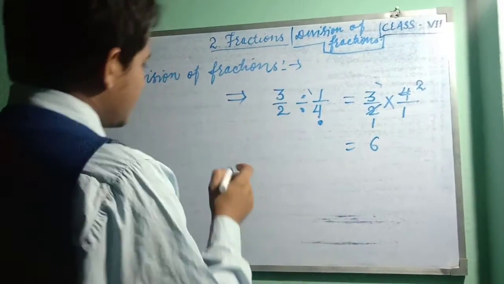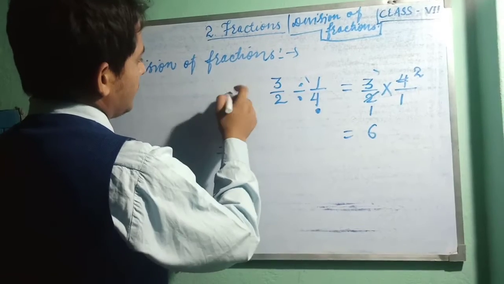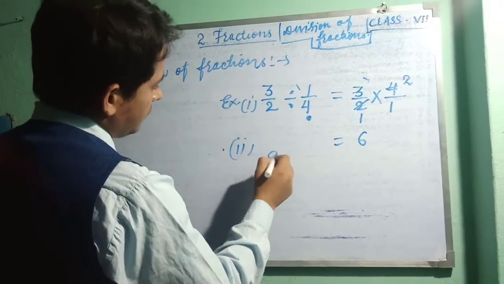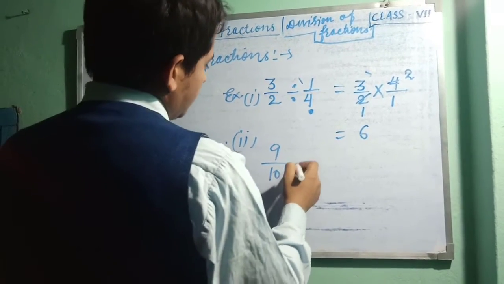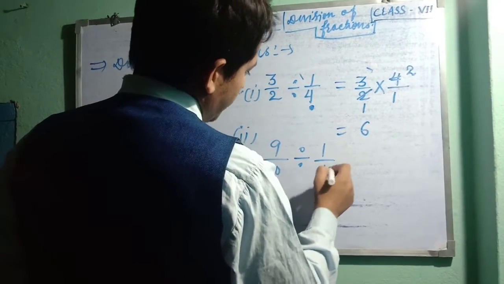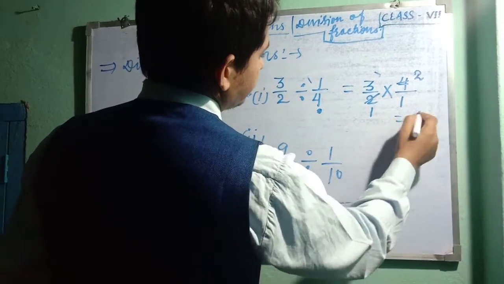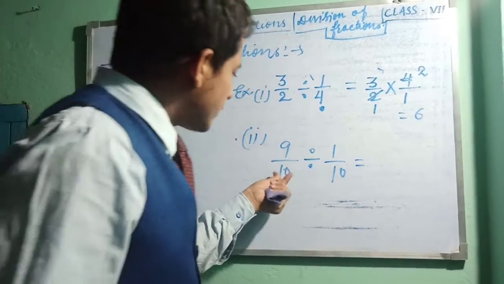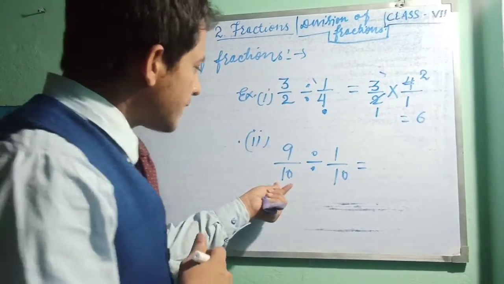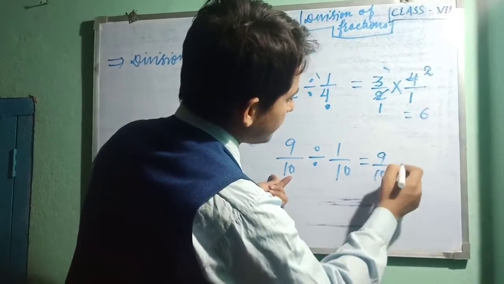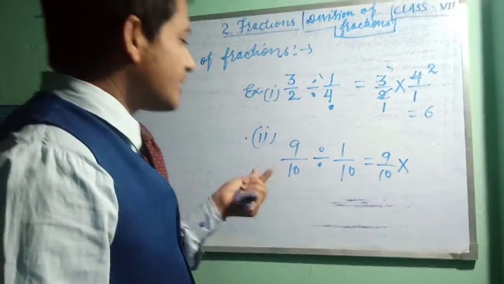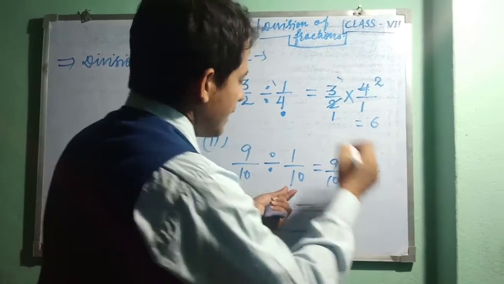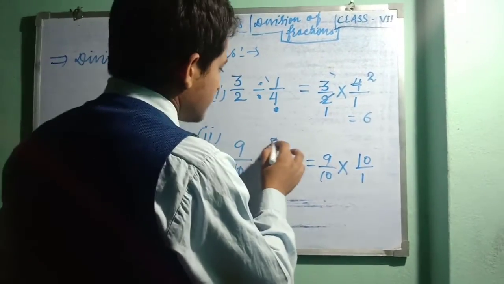Okay, now see another example, the second example. Have a look. Suppose 9 by 10 divided by 1 by 10. In order to divide one fraction by another, we have to multiply the first fraction by the reciprocal of the second fraction, 10 by 1, and we change this sign.